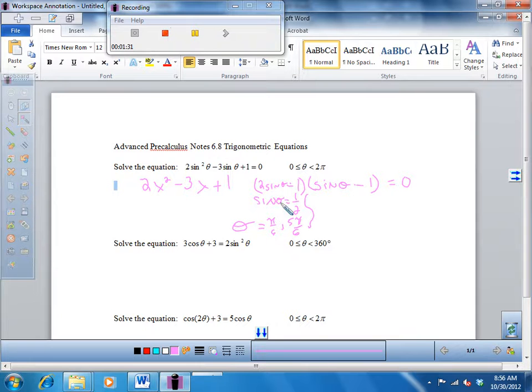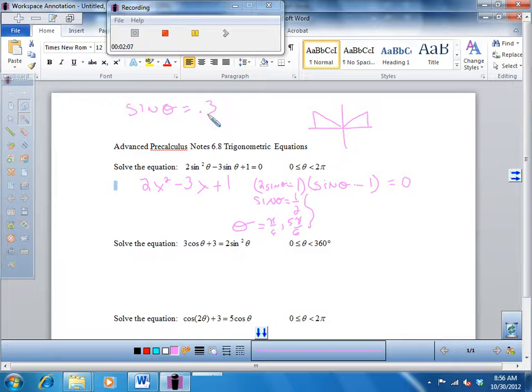You look on your unit circle. If you don't get a number that is on the unit circle, then you'd have to solve it with a calculator. On a non-calculator part, everything is going to be on the unit circle. But you might get something like sine of theta equals 0.3.